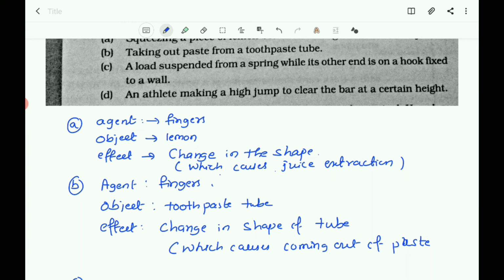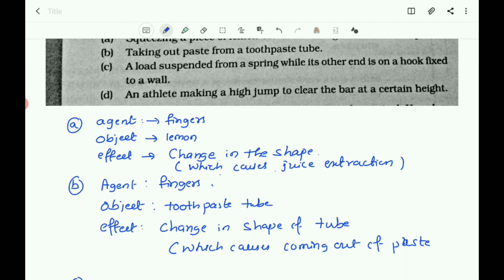Here you know that the load suspended is an agent, and also you know that the spring is the object here. Spring is the object, and the effect can be seen in the form of, you know that the spring elongates here. That is also nothing but change in shape. Change in shape which elongates the spring here.